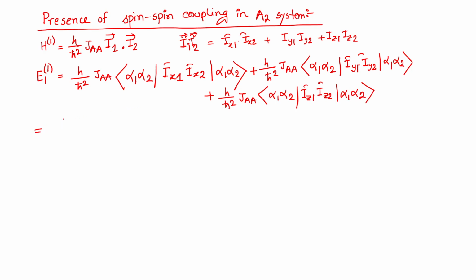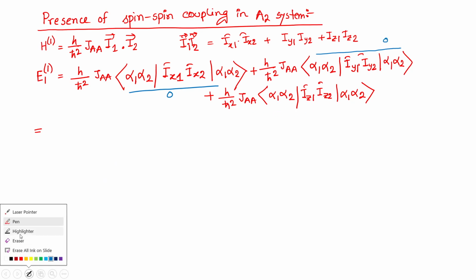So this is the first term, X. When it operates on alpha, it will give you beta, so ultimately this will lead to 0, right? So this is going to lead to 0 as from our earlier discussion. Also when IY operates on alpha, it is going to give you beta, so this is also going to give you 0. But in these cases you are going to get something.